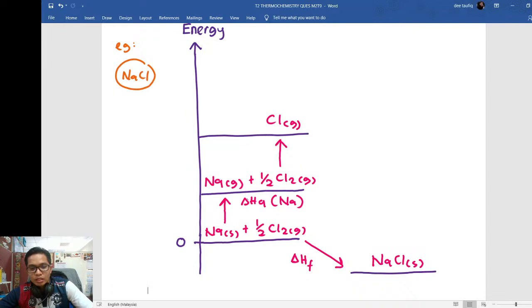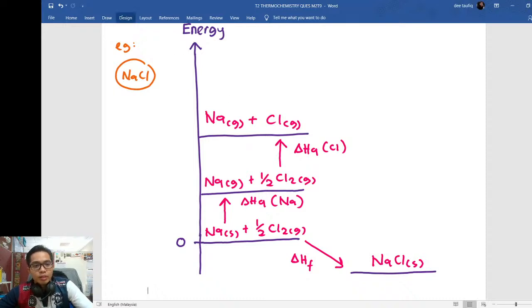Kalau tadi 1/2 Cl2, now it only becomes Cl. Half of Cl2 molecule becomes one chlorine gas atom. Na tak ubah, so salin balik semula. So this is what we call enthalpy of atomization for chlorine.